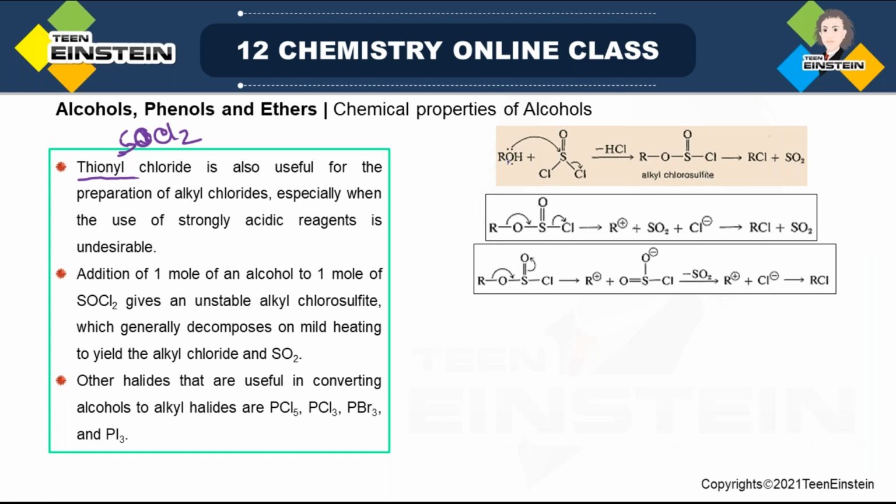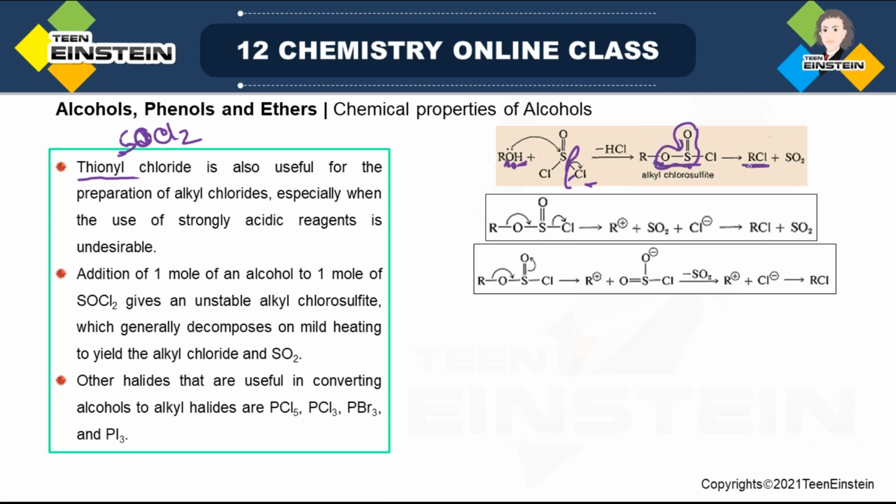Here we can see the mechanism. First, the lone pair of oxygen attacks this sulfur. The sulfur-chlorine bond is broken. HCl is removed, that is, this H and this Cl together, and we are getting an oxygen-sulfur bond. So first we are getting alkyl chlorosulfite, ROSOCl, and finally SO2 will be removed.